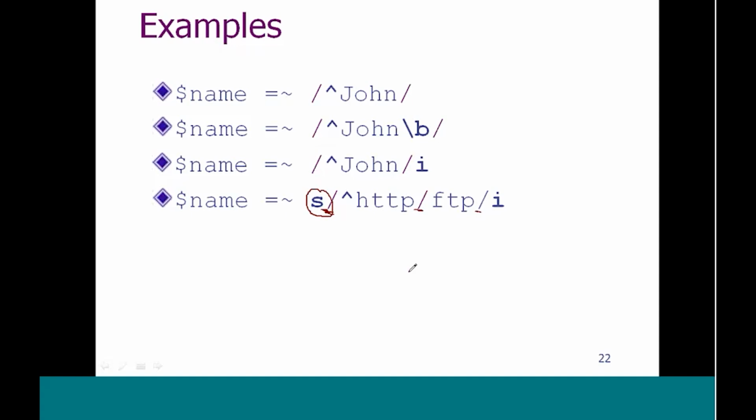In this example, the string HTTP is substituted with the other string, FTP. You can think of this as, from the beginning, if there is an HTTP, then we replace that with the string FTP.